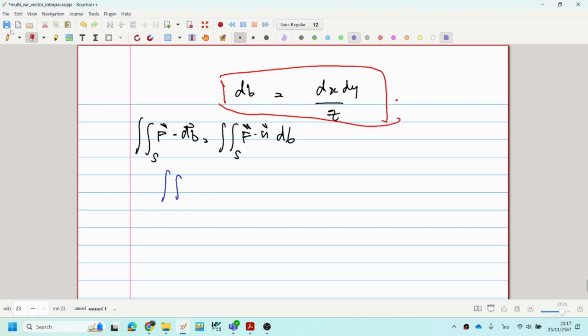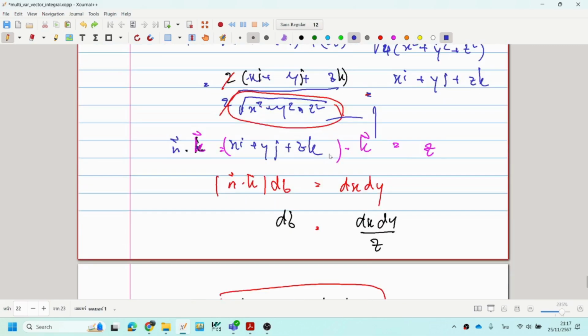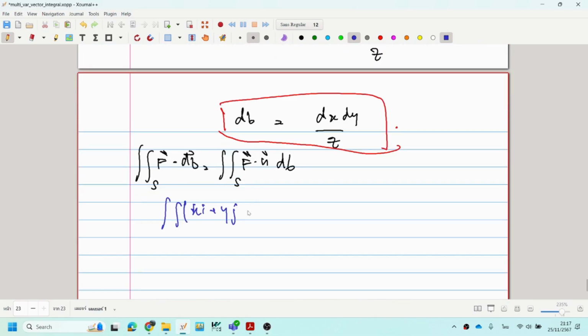F is xi plus yj, this is the problem given, dot n is xi plus yj plus zk, and d sigma.